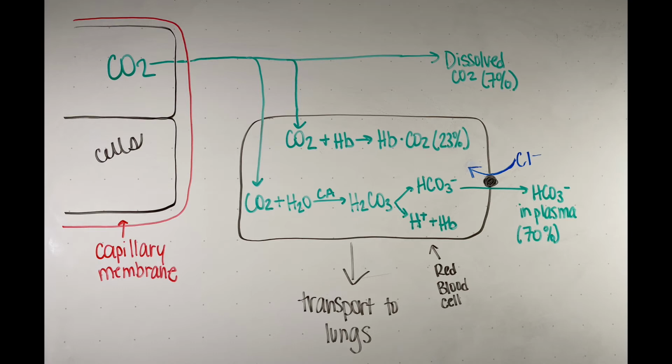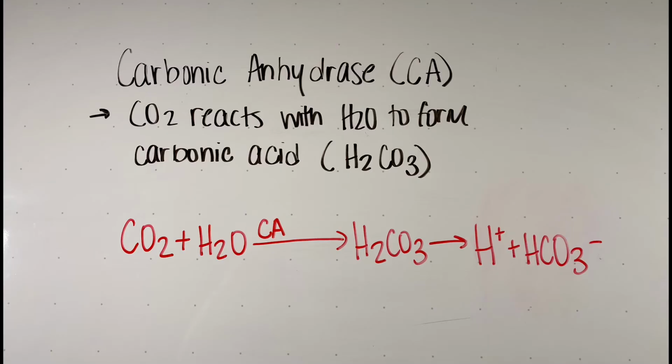So now let's address the other 70% of carbon dioxide. So dissolved carbon dioxide diffuses into the red blood cell, and what is not bound directly to hemoglobin will be transported as bicarbonate ions. So red blood cells have an enzyme known as carbonic anhydrase, abbreviated Ca.